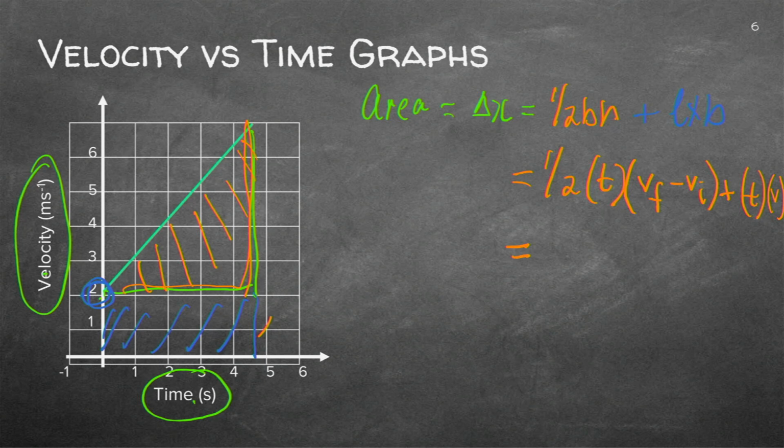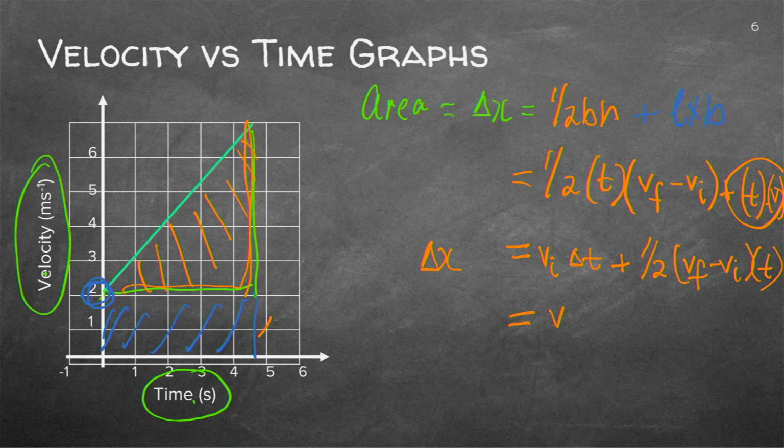So let's rewrite this in a neater fashion. I've got Vi delta t, which I got there from my triangle, plus half of the velocities times t. And I can now actually substitute that with the following. That was actually my acceleration.